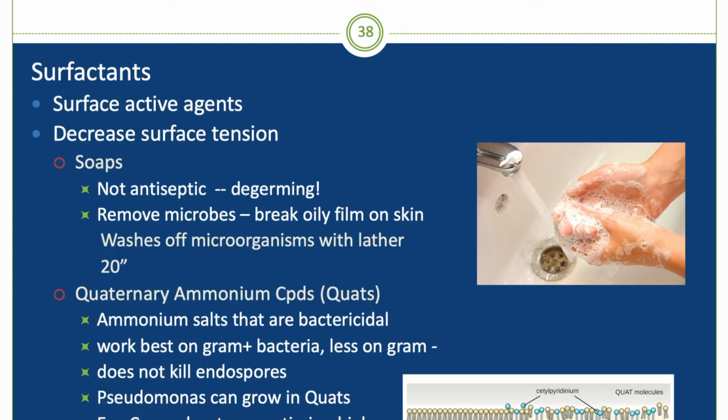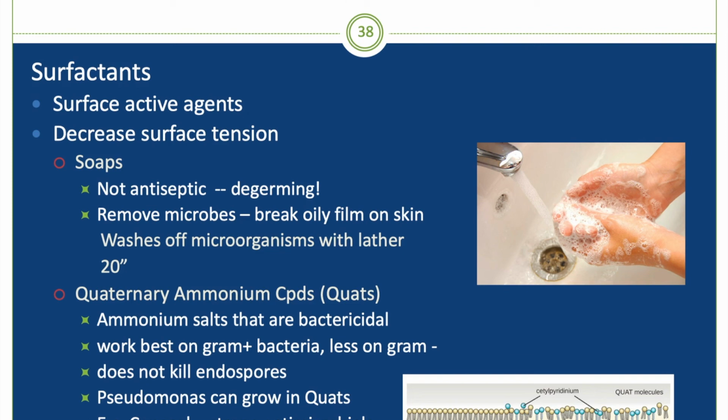Then we have surfactants, and that's where the soaps and soap families come in. In terms of their mode of operation, how they work, is that they destabilize the surface tension, and when they reduce the surface tension, it creates a very slippery environment for the microorganisms.